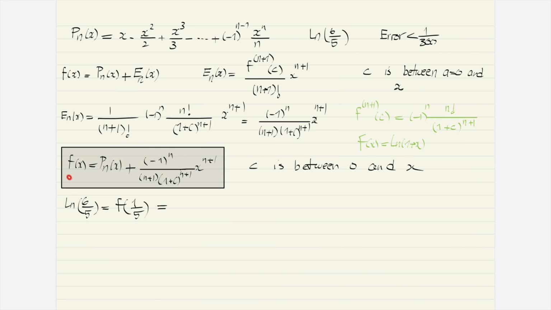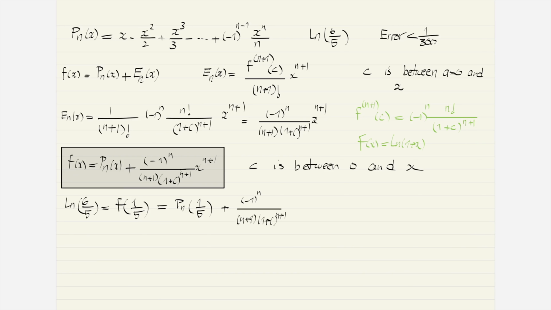Okay, so f of x is this expression. Now I want to know f of 1 over 5. So I have to replace x with 1 over 5 everywhere. So when I say everywhere, it means here, here, and also here. So this becomes plus minus 1 to power n divided by n plus 1 multiplied by 1 plus c to power n plus 1.